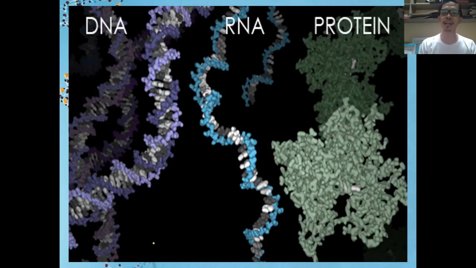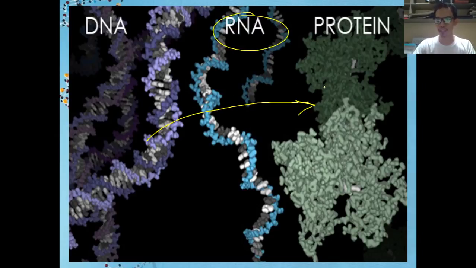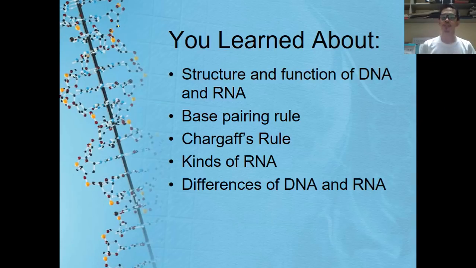With that, in our next topic, we will find out how the DNA codes to become protein. With the help of the RNA, how do you make proteins out of the DNA blueprint that we have right here? Today you have learned about the structure and function of the DNA and RNA.